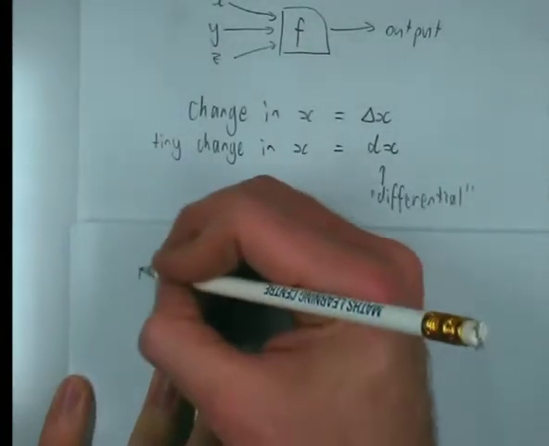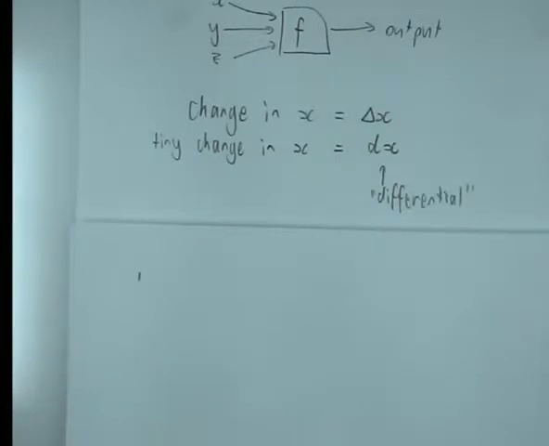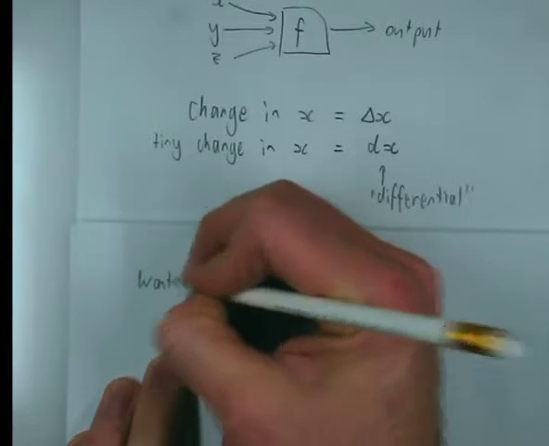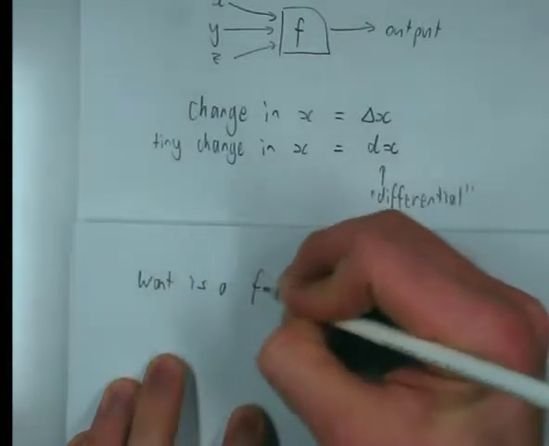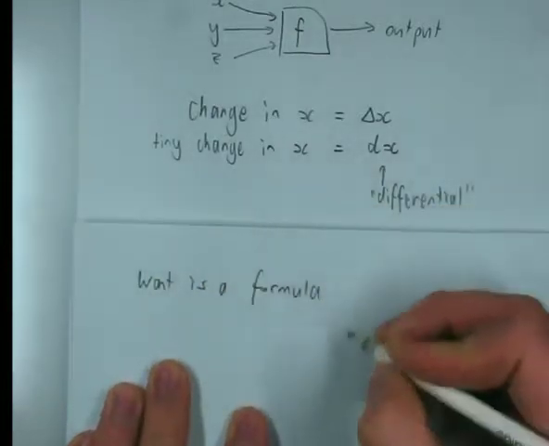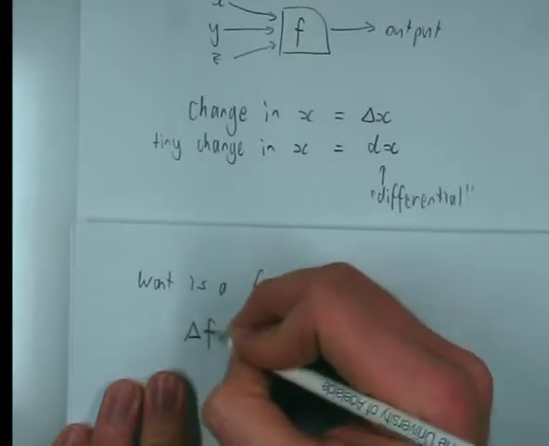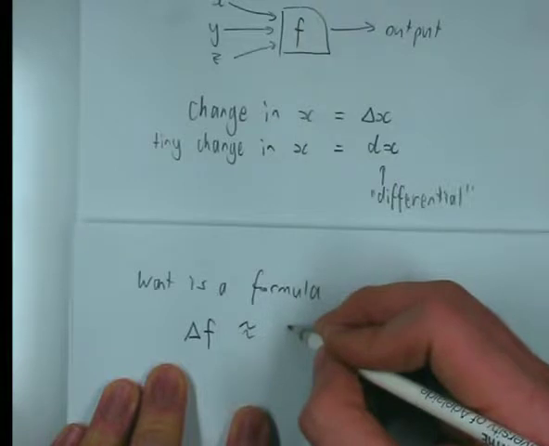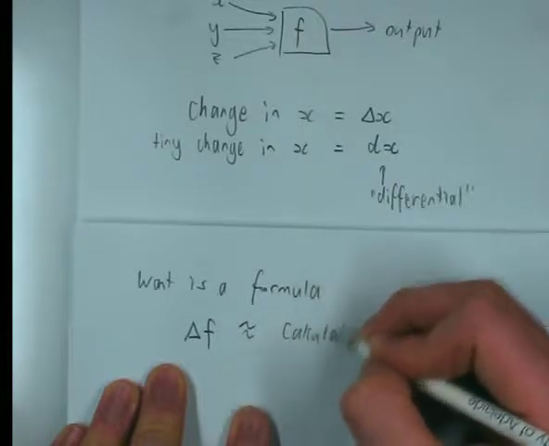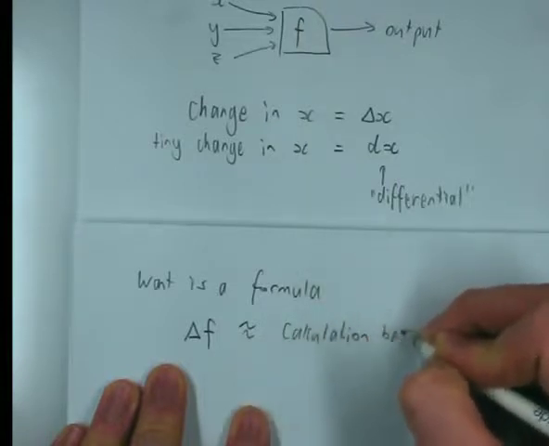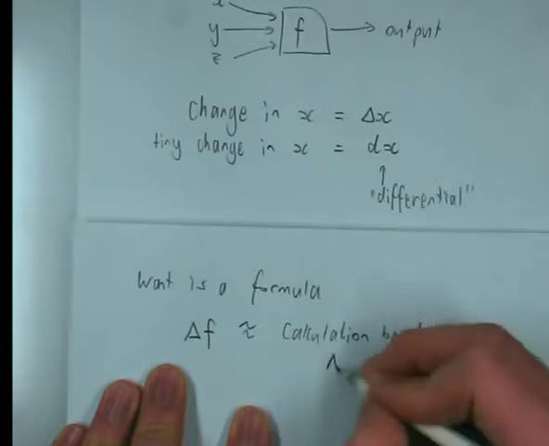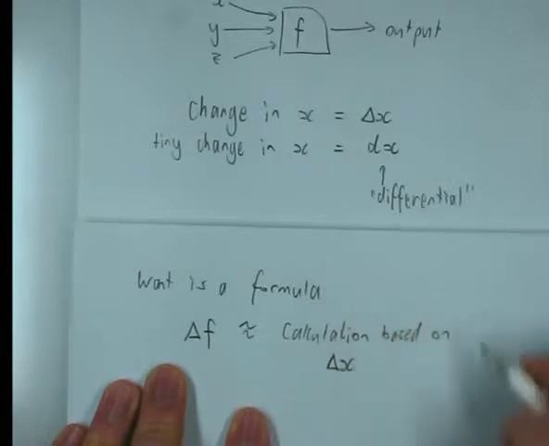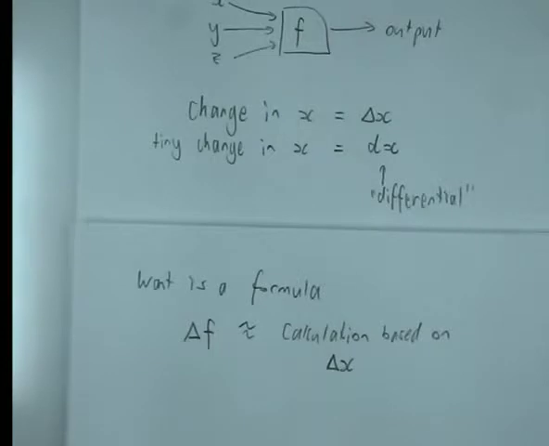So what I want is a formula that goes, a change in f will be approximately equal to some calculation based on the change in x. Okay? That's the idea that we want to get around.